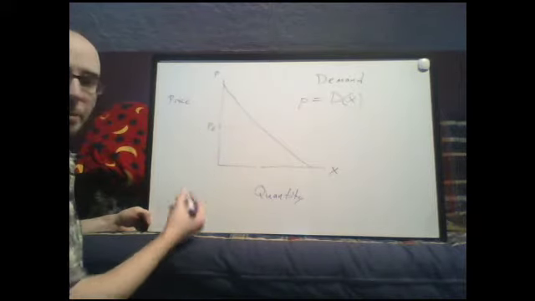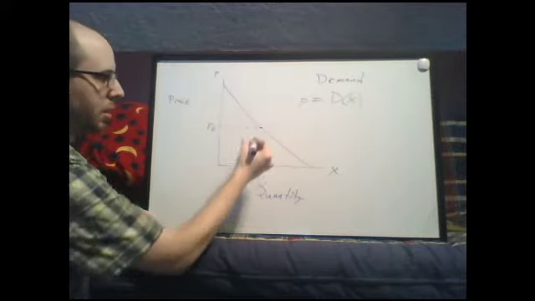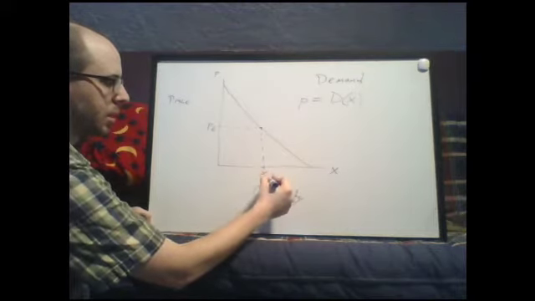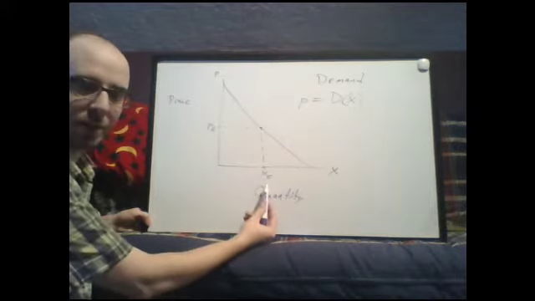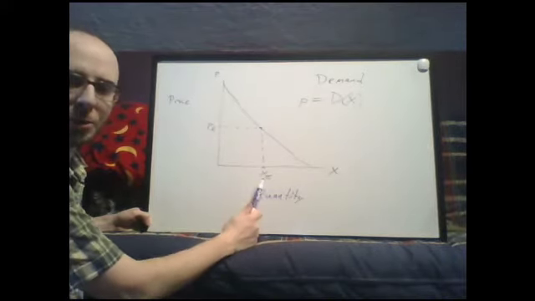But say we set the price at P sub E, that means the point on the curve will tell us a corresponding X value called X sub E. And if I set the price there, then this is how many units get sold according to the demand curve.